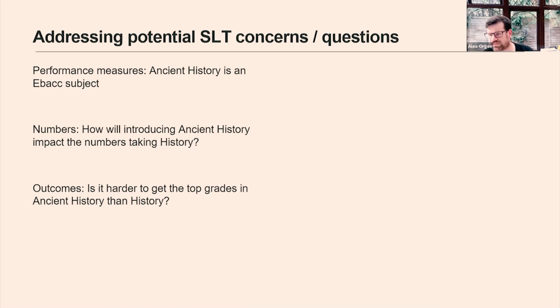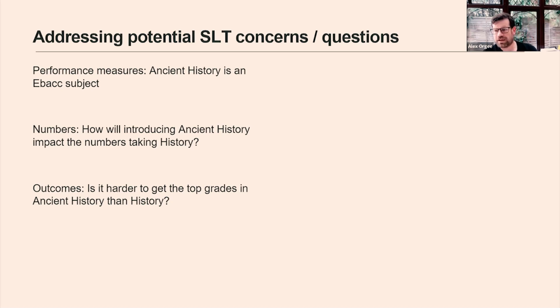What I was able to find from this analysis was that for those centres that introduced GCSE Ancient History in 2022, the total number of entries for a history qualification, so ancient history plus history, increased by about 10%. The entries for GCSE geography remained stable.